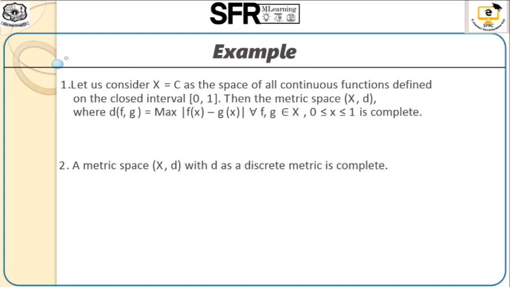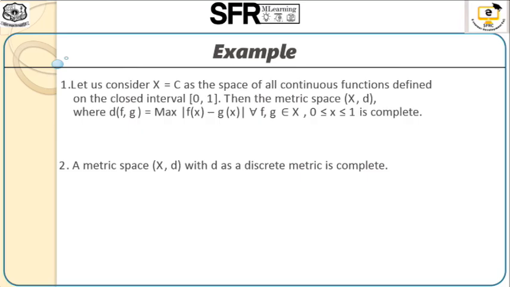The metric space X comma D, where we define the metric D of f comma g as the maximum of modulus of f of x minus g of x. If we define a metric like this, then this metric along with the given space will form a complete metric space.